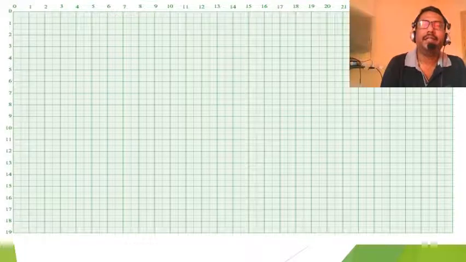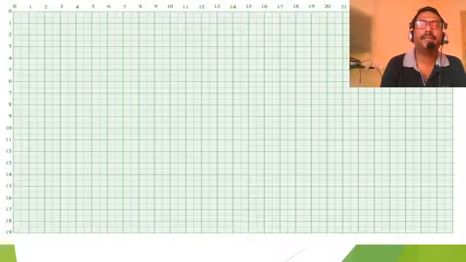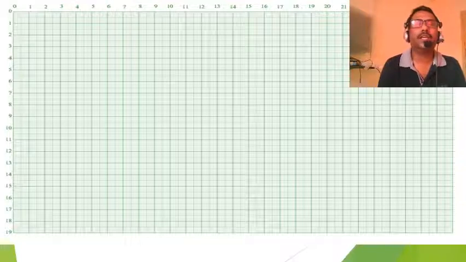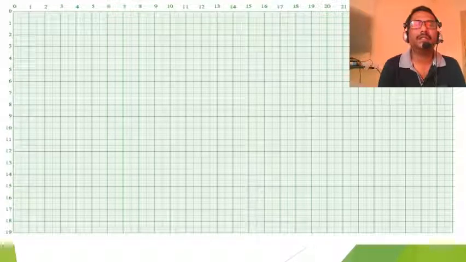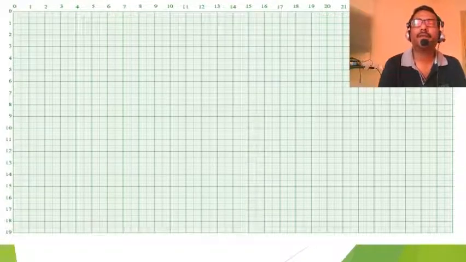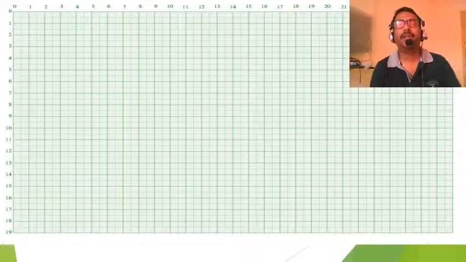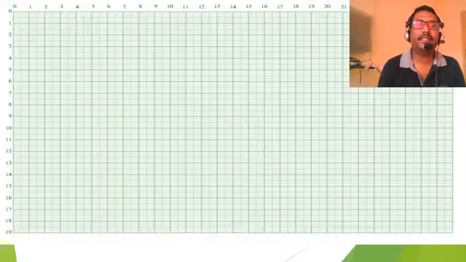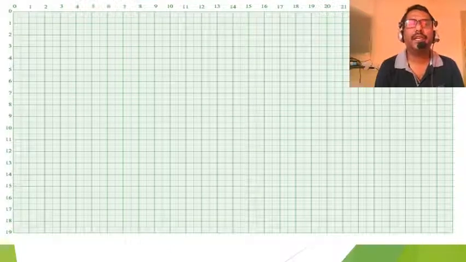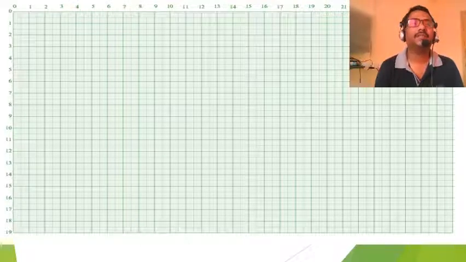So I take here a plane and divide it into a grid of vertical and horizontal lines. I made equal tiny squares in this plane. That is, I divide this plane into equal tiny squares of 1 centimeter square each.